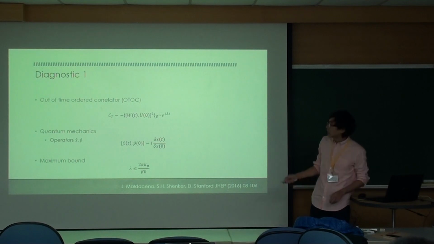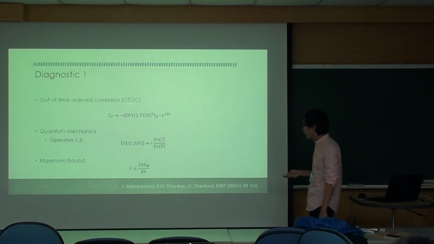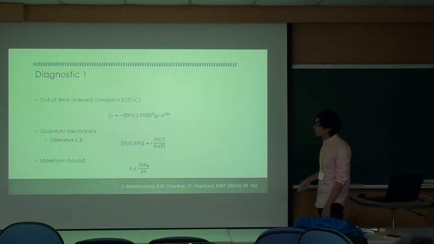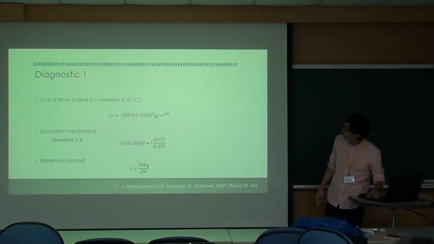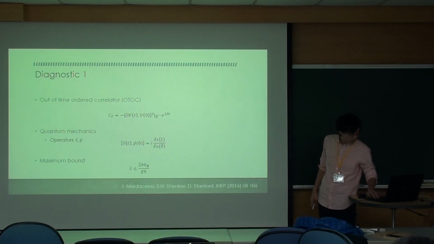This inspired us to use this type of correlator to study quantum chaos, because now it is in operator form. Back in 2016, it was shown that there exists a certain bound on this quantum chaos. You see there's an h bar in it, so this is strictly quantum.